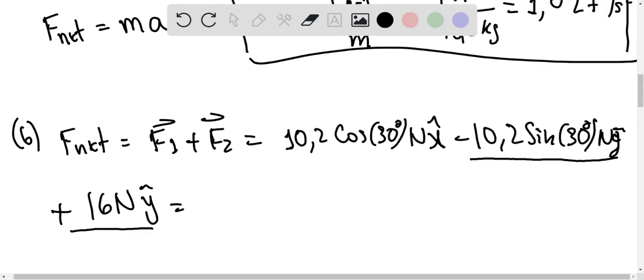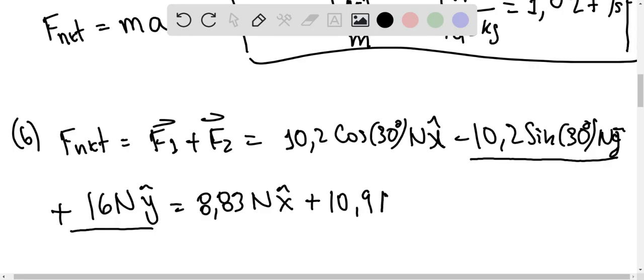So 10.2 times cosine of 30 gives us 8.83 newtons in the x, and combining the other two gives us plus 10.9 newtons.